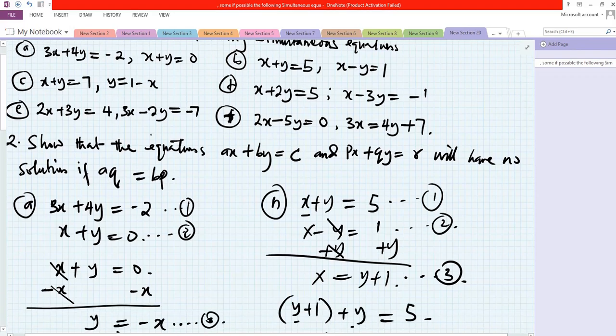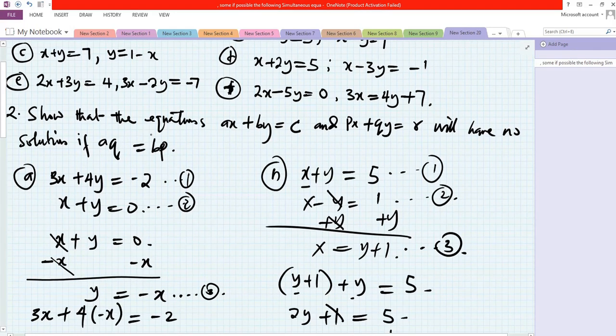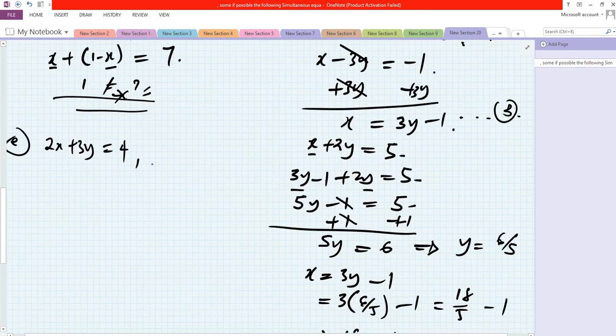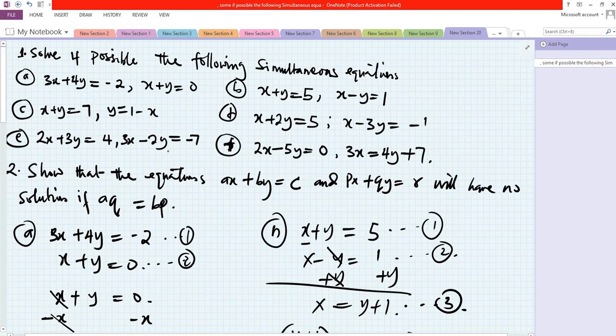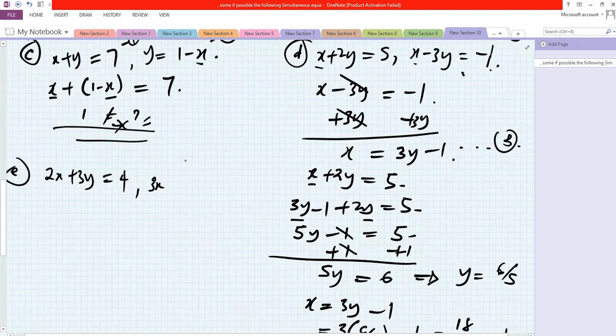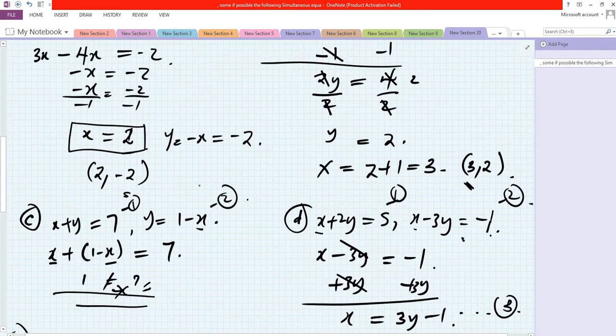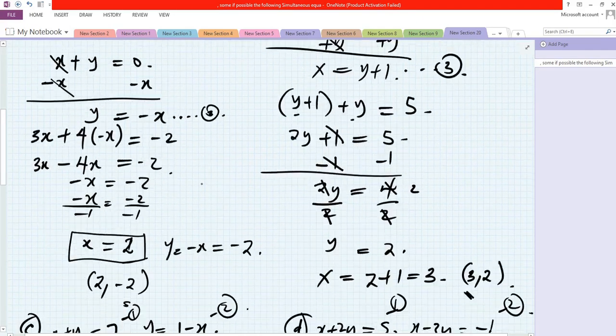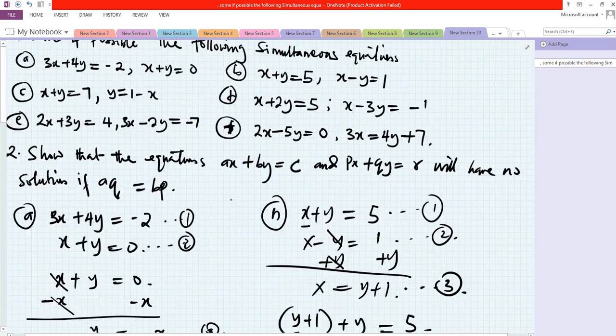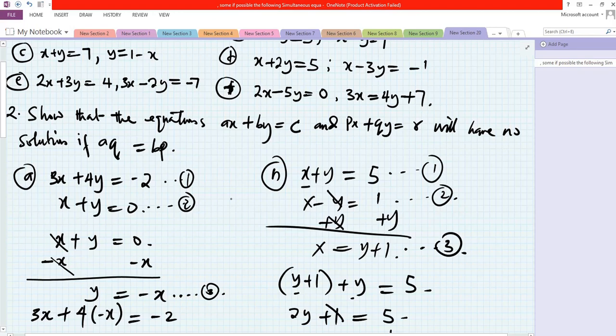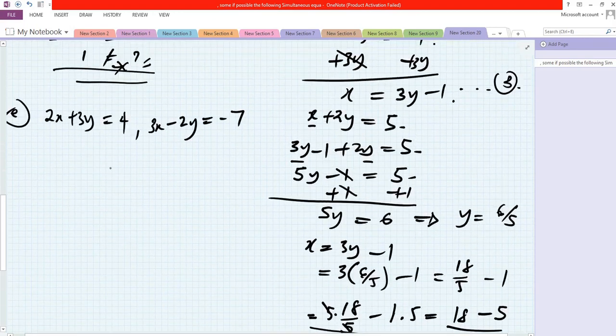And then this one you have 3x minus 2y equal to minus 7. So now you have this.